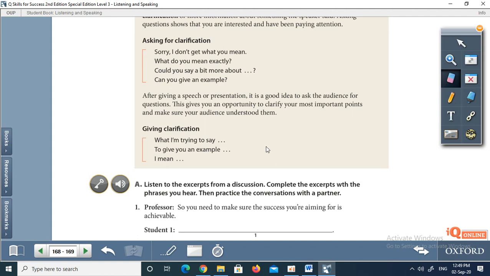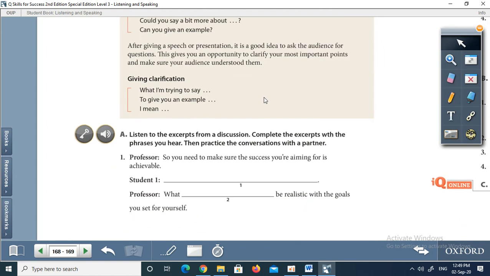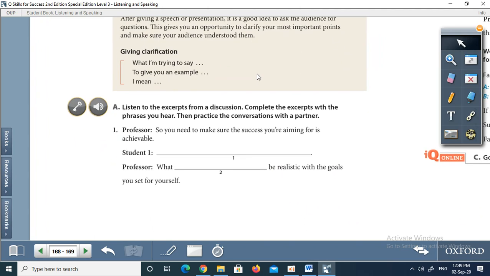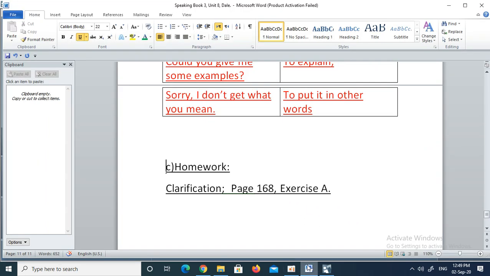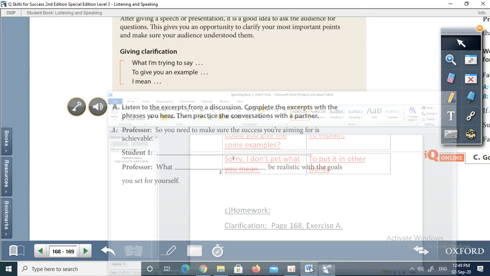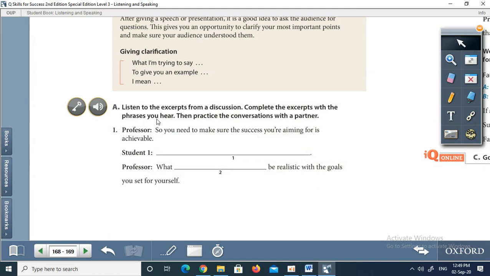All right. Now, our homework for today is the exercise below, page 168A. And what I need you to do, it is a listening exercise.